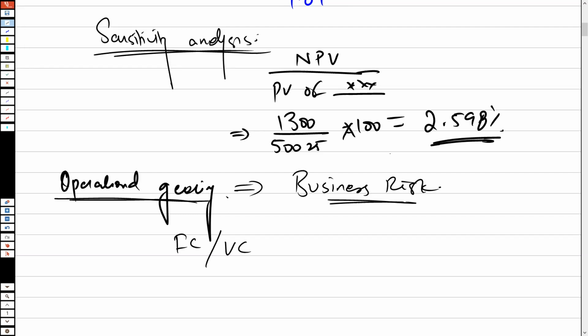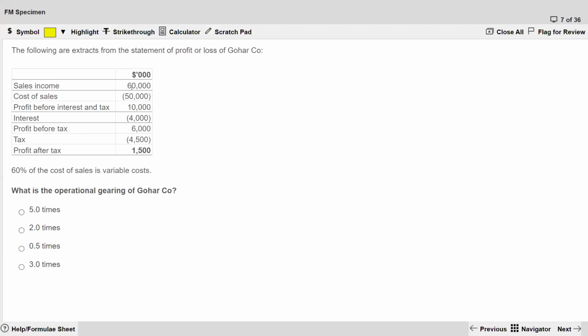Now let's see what information is available here. Sales income is 60,000. Cost of sales is 50,000. PBIT is 10,000. The interest is 4,000. The profit before tax is 6,000. The tax is so and so, and the profit after tax is this. It says 60% of cost of sales is variable cost.